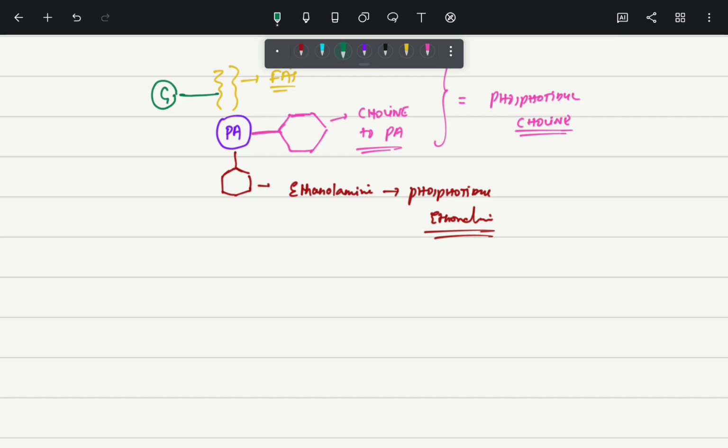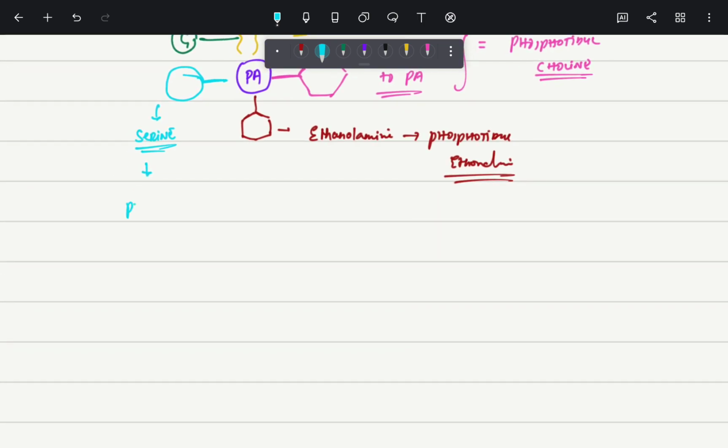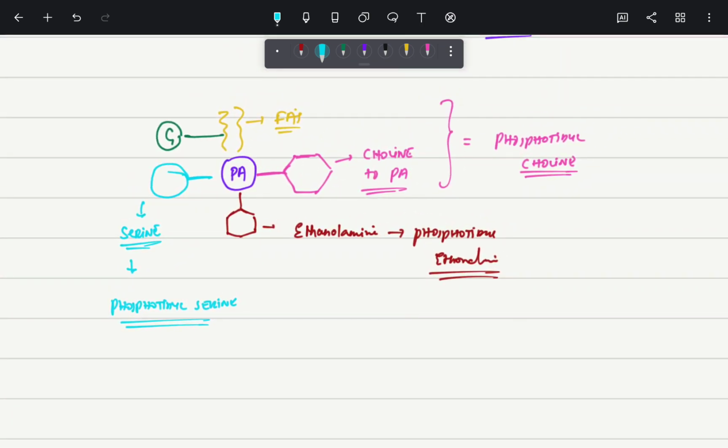Okay, and to this same phosphoric acid, if we are going to add serine, then the entire compound is called your phosphatidylserine. Okay, I hope you are clear with this. I just completed everything here itself because I cannot draw each and every structure separately.